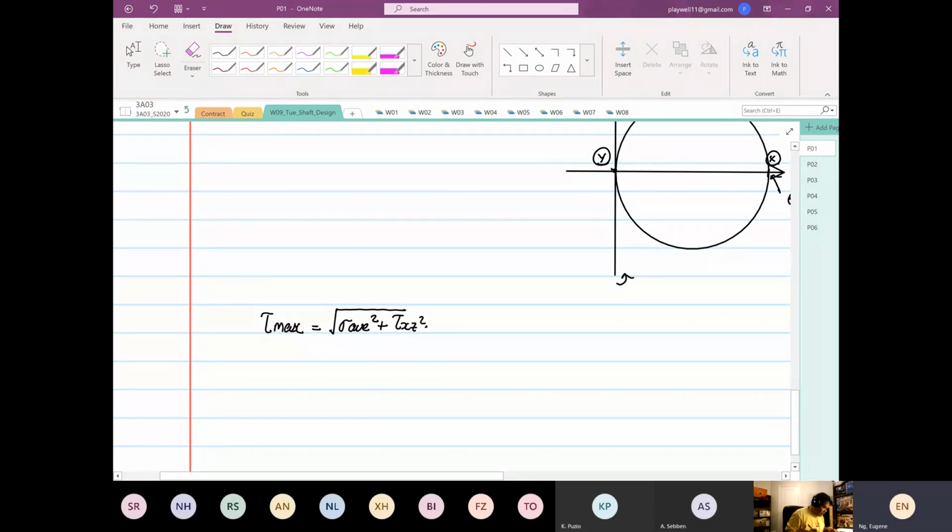We know that our stress average will be equal to the stress induced by bending divided by 2, squared, plus the shear stress.